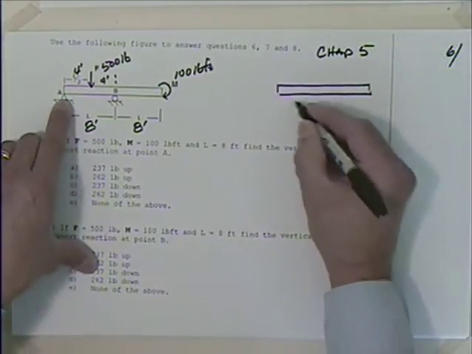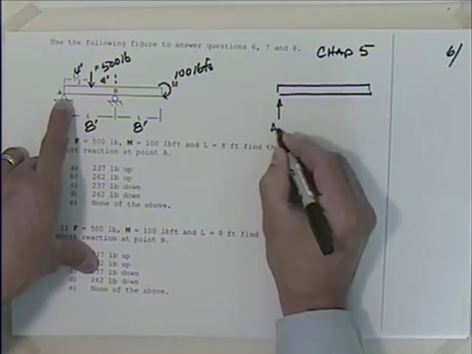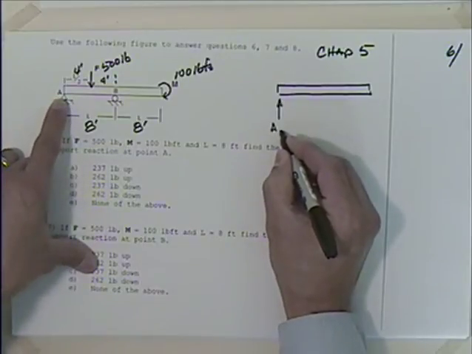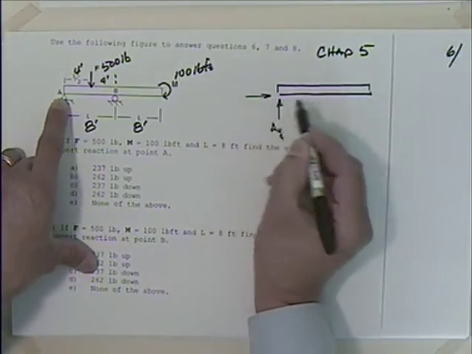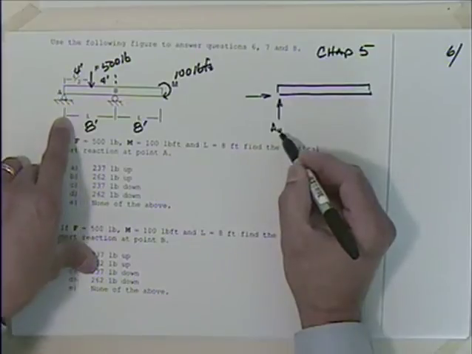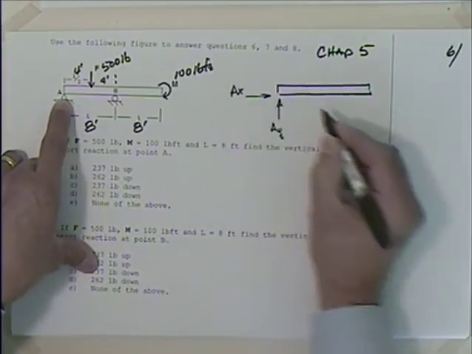So what do we have at A? I have a pin, so I'm going to have AY acting up, AX acting horizontally.